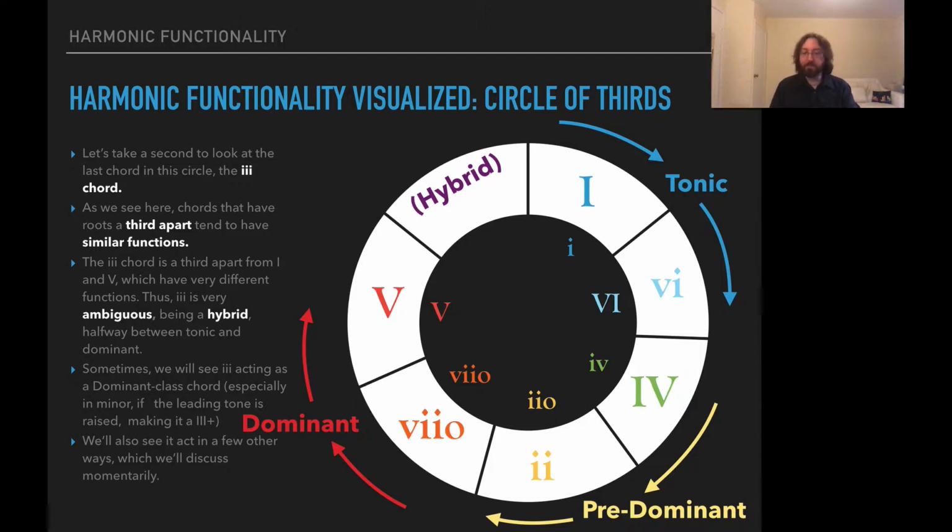So if we have a 3 chord in the minor mode, so F, A, C, and then we have it appear with a raised leading tone, then it really has that dominant function and wants to resolve to 1, especially if it happens to be in first inversion, because then scale degree 5 would be in the bass.